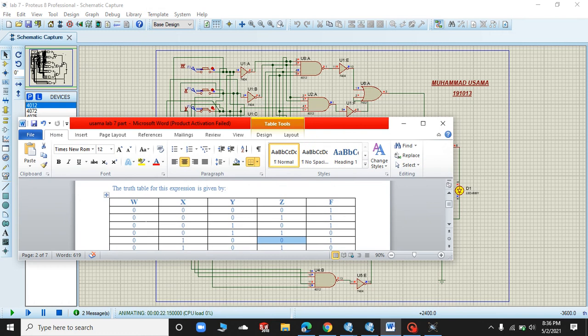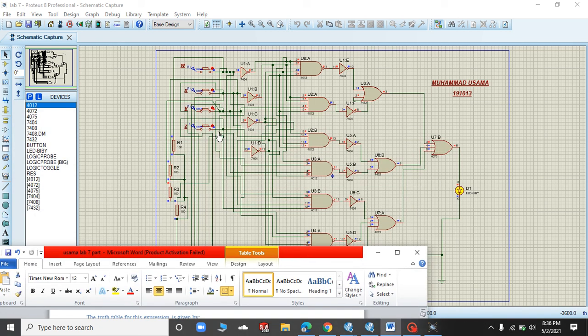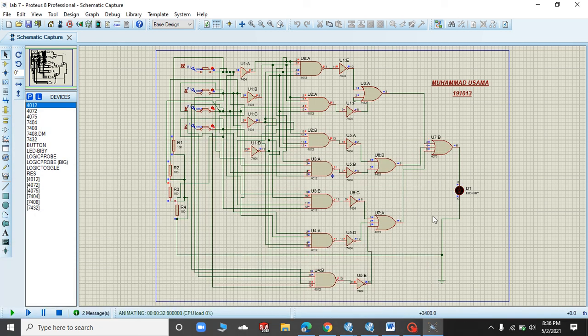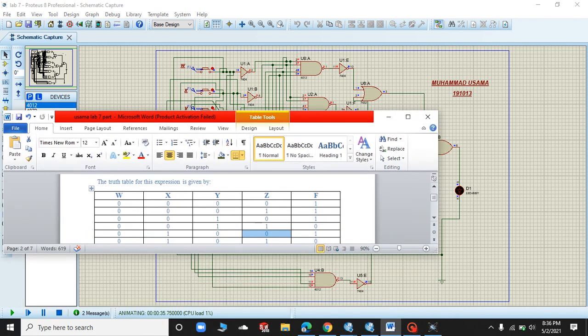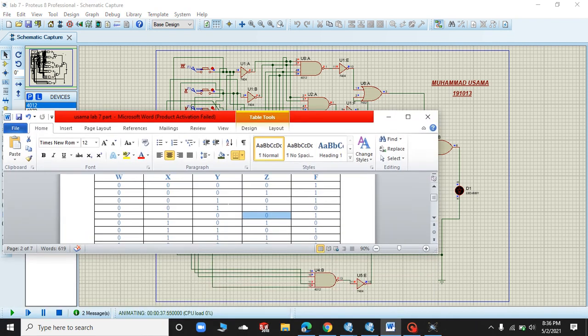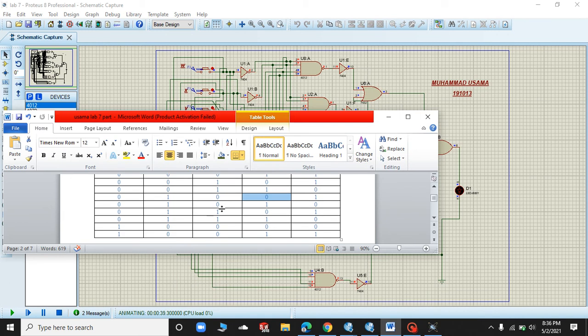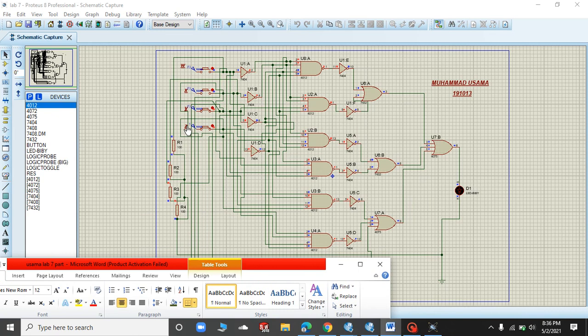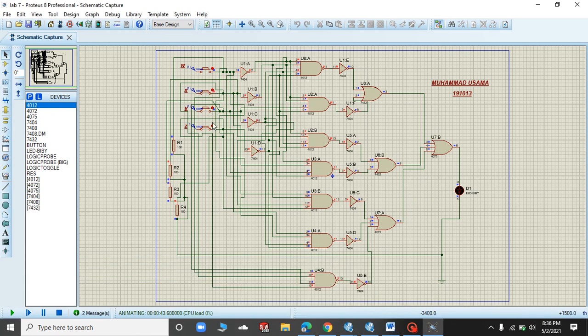You can see that when W, Y and Z are open, I'm getting a 0 output. And if I close this, I am getting a 0 output over here. And when W and X are 1, then I am getting a 1.